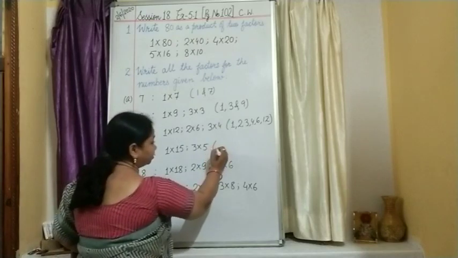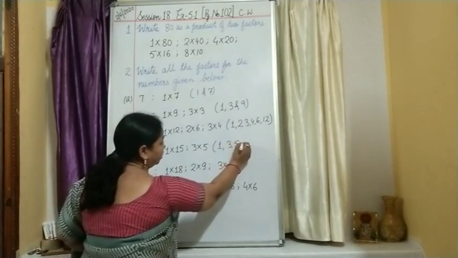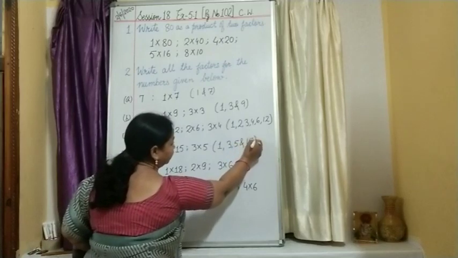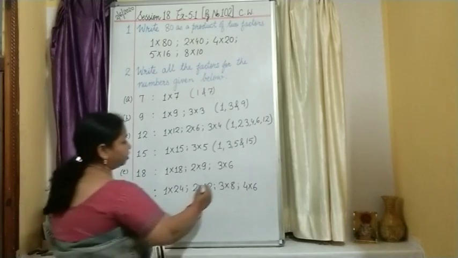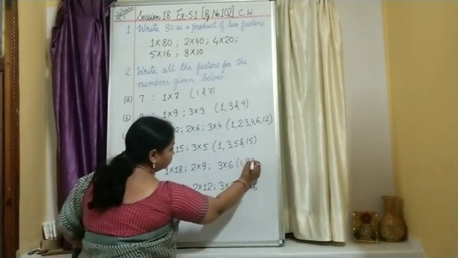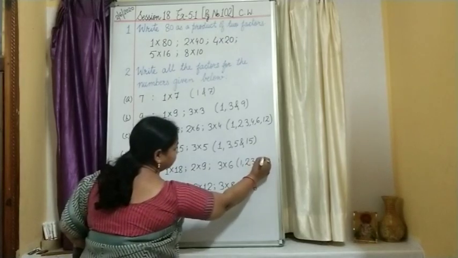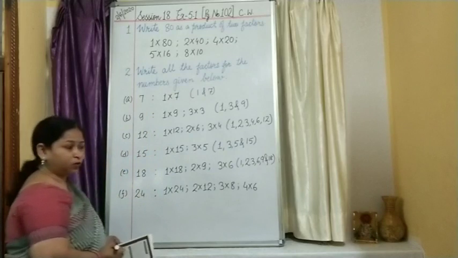So what are the factors you will get over here? 1, 3, 5 and 15, clear? Then 18. So what are the factors you will get? 1, 2, 3, 6, 9 and 18, got it?